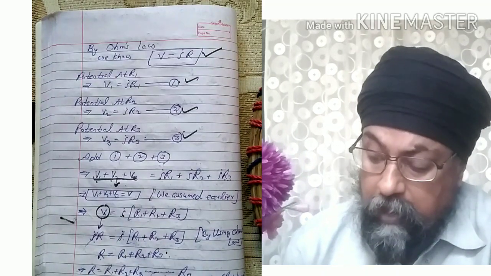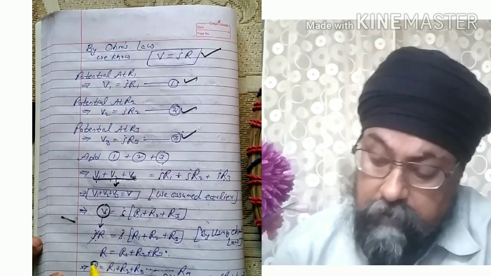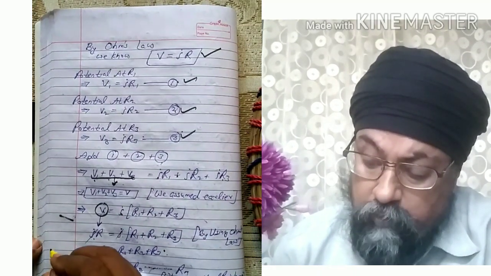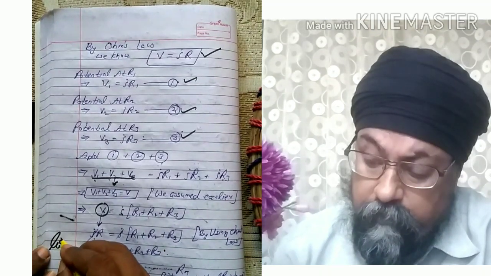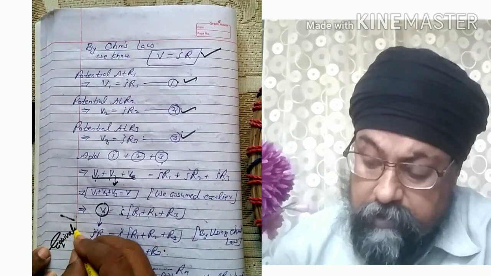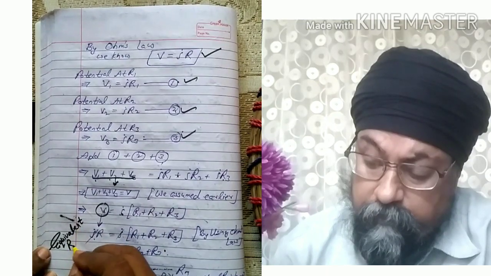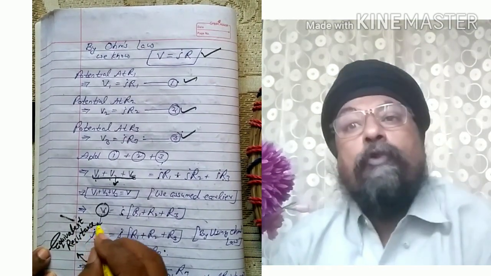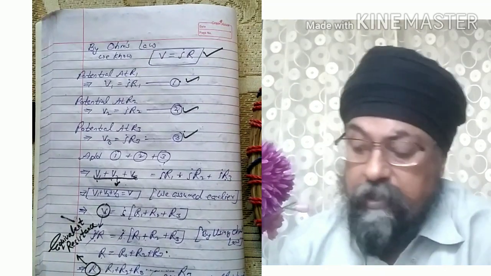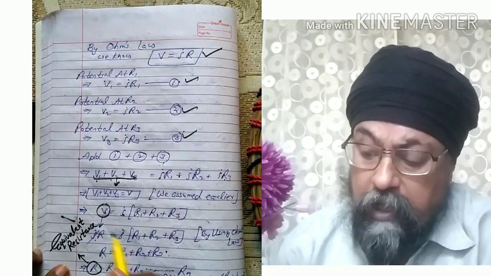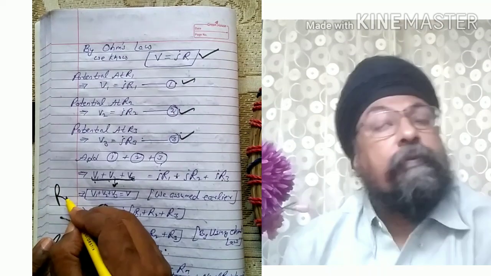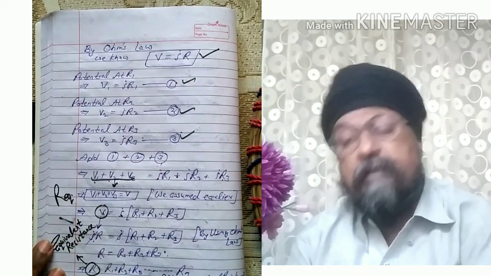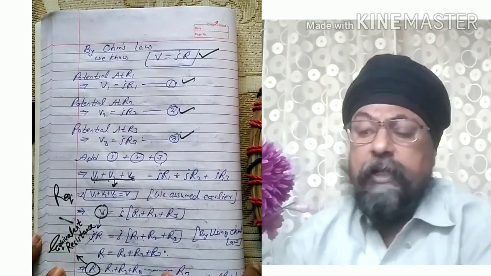This R is called the equivalent resistance of the given circuit. It is also written as R equivalent. That is your choice; you can write R or R equivalent.